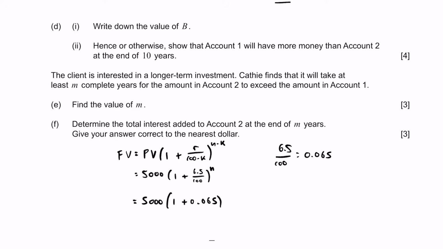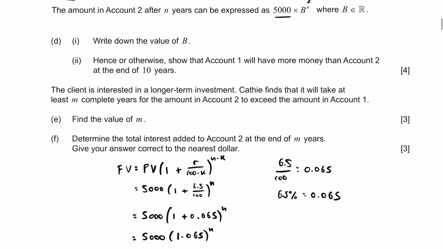Essentially, it's a percent represented as a decimal. 6.5% is equal to 0.065 as a decimal. And this is raised to the power of n. And lastly, 5,000. 1 plus 0.065 is just going to be 1.065 raised to the power of n.